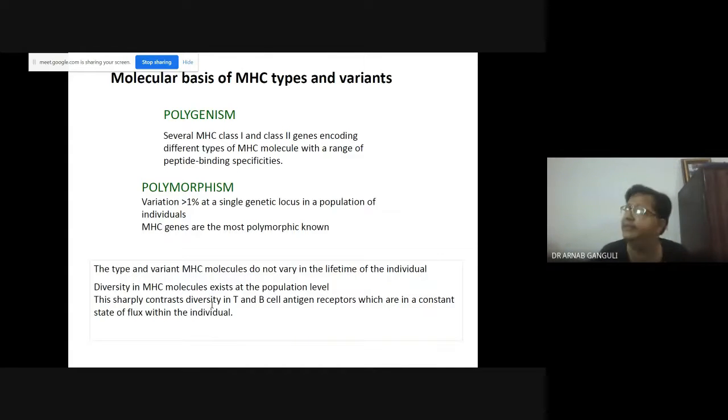কি বলছি, আচ্ছা, this sharply contrasts diversity in T and B cell antigen receptor, which are in constant state of flux with the individual.